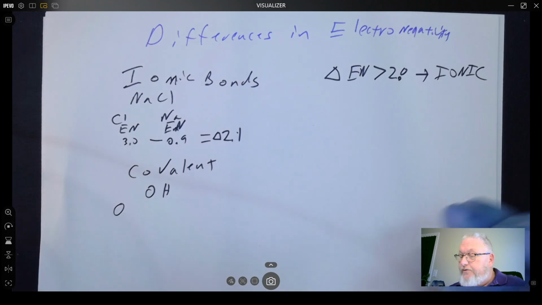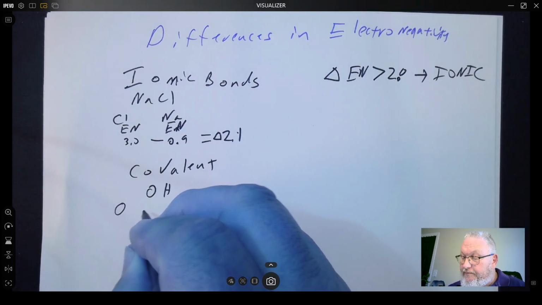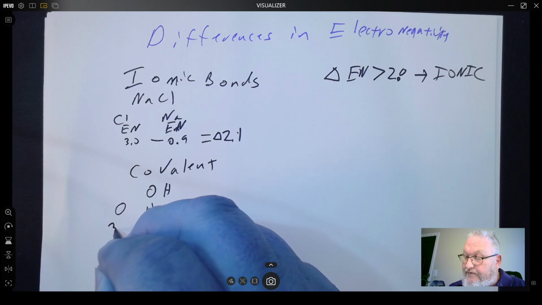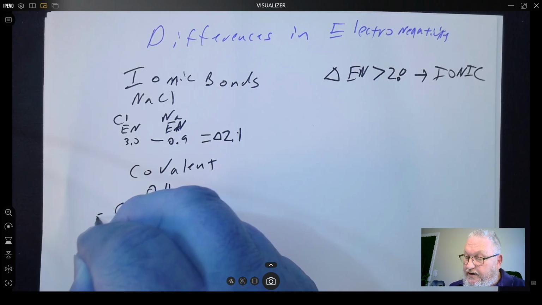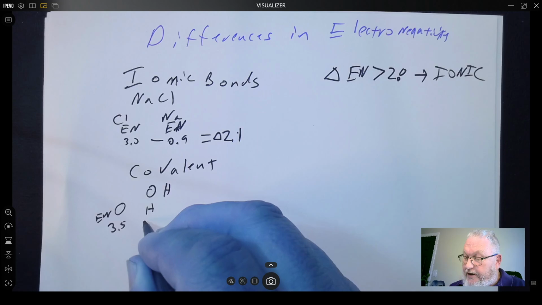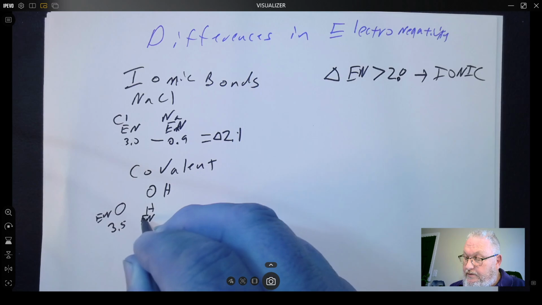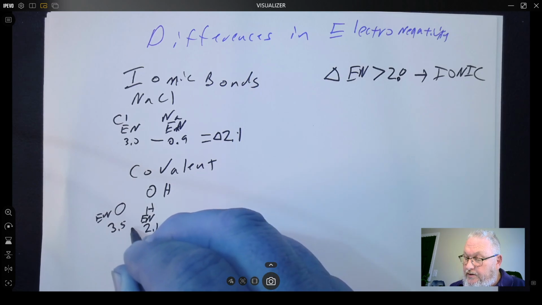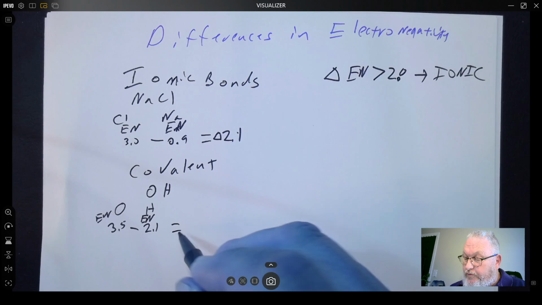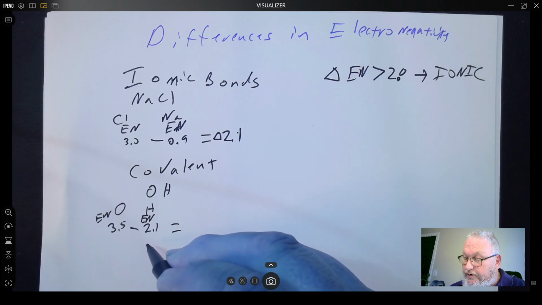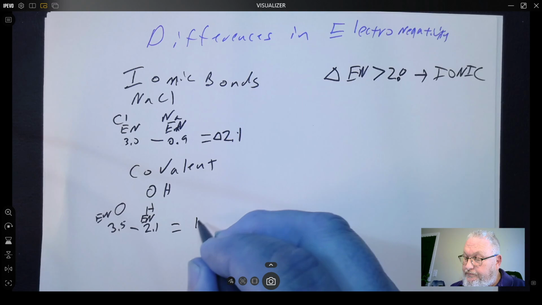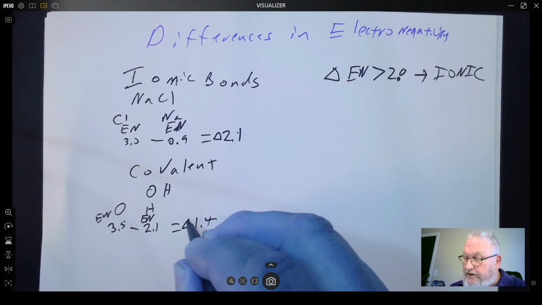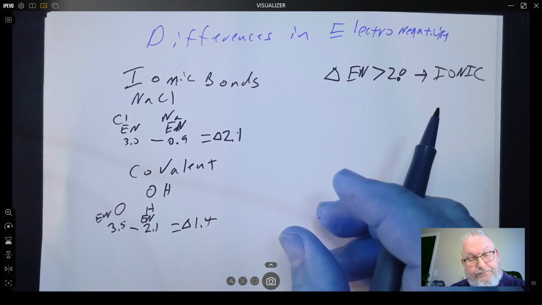Hydrogen is 2.1. So the difference is 1.4. It has a delta of 1.4.